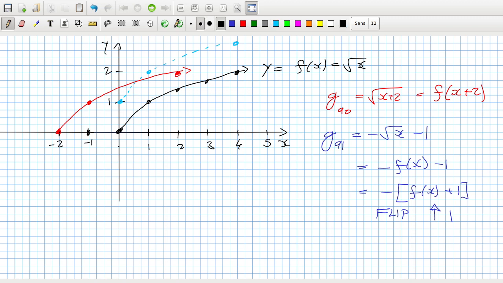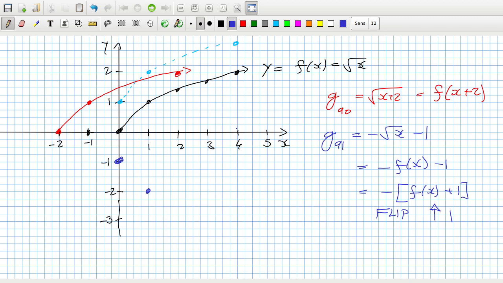So 1, 2, 3, 4, minus 1, minus 2, minus 3. I'll put it in blue here. So that 1 would be at minus 1. It's a reflection through the x-axis. That 1, 2 would be at 1, minus 2.